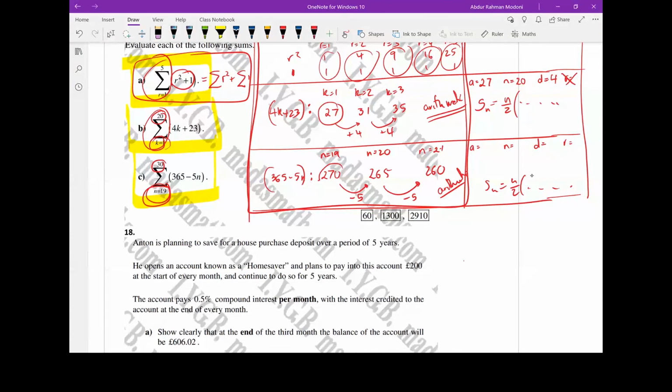So in fact, it's not 11, it's 12 terms. You count from 19. 19 counts as a term, 20 counts as a term, and so on. What's the first term of this sequence? We're using 270. The common difference is -5. r is not applicable to this. And then you would substitute those things into this formula, and that would get you the summation from the 19th term to the 30th term.